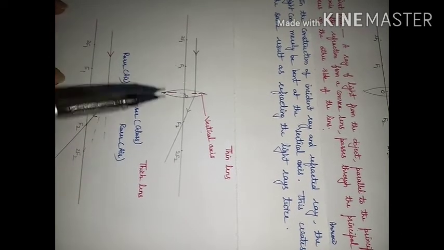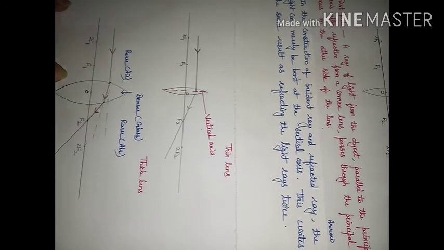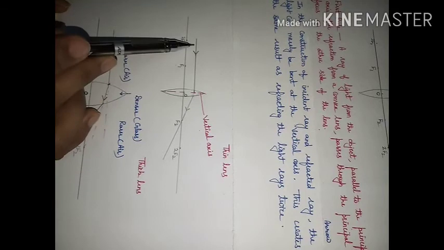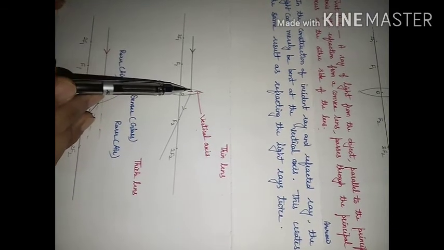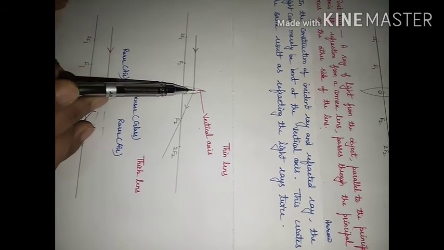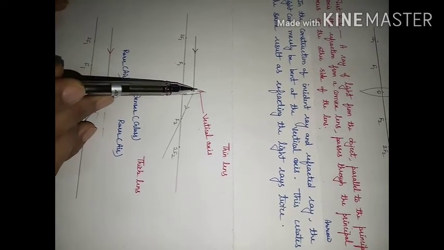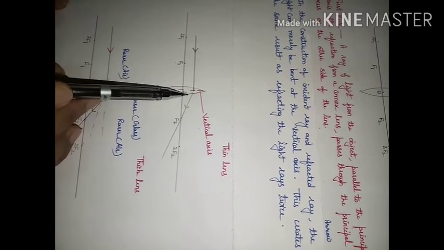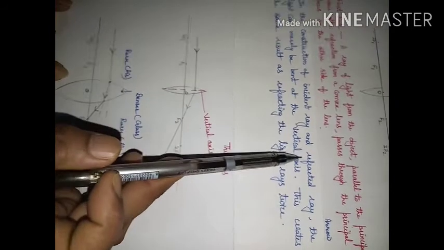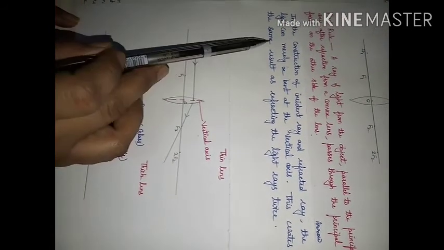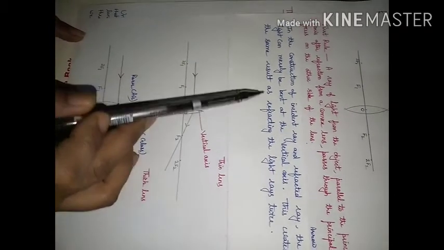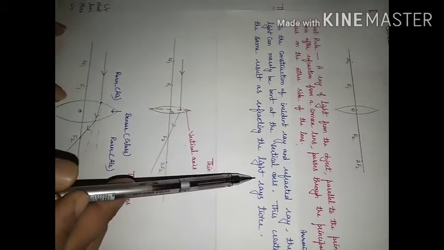So if you see the diagram in your NCERT also, they are not going to show refraction twice at this face and this face. They are considering this line to be straight like this, and then they bend it just from the middle of the lens or this vertical axis position, because it is considered that in the construction of incident ray and refracted ray, the light can merely be bent at the vertical axis, and this creates the same result as refracting the light rays twice.